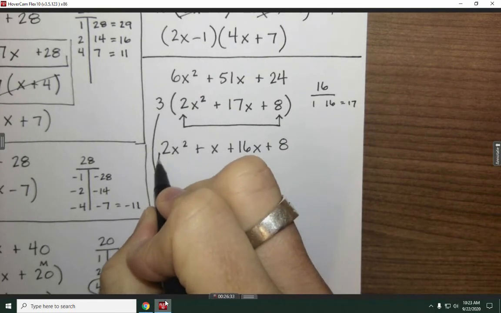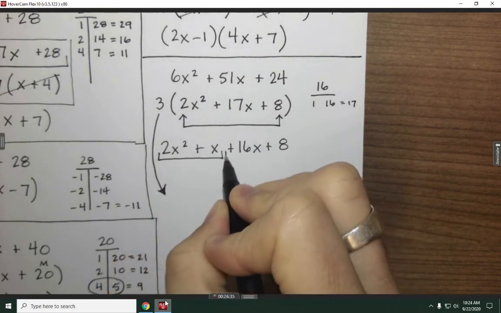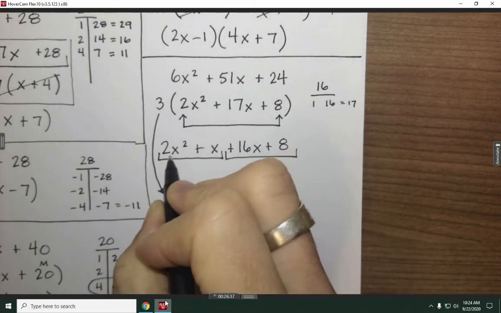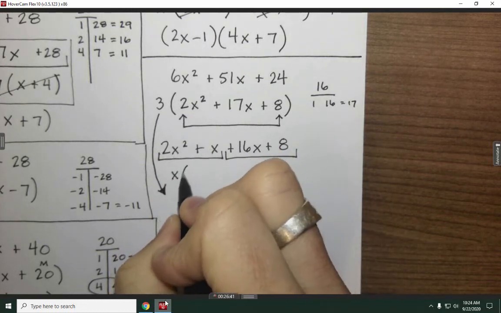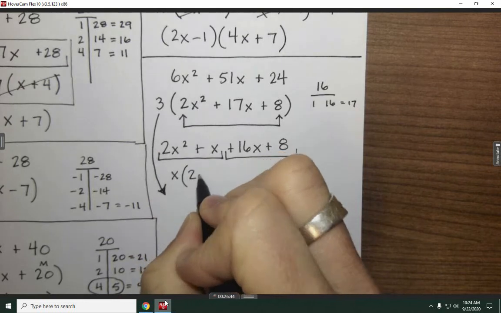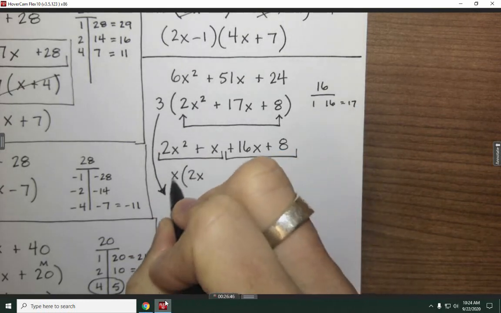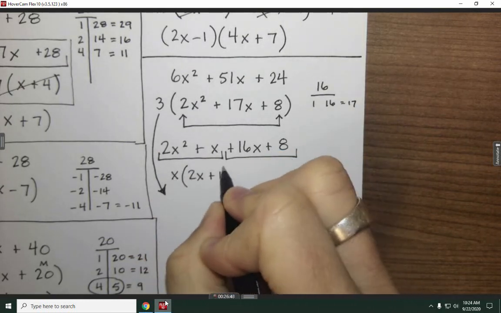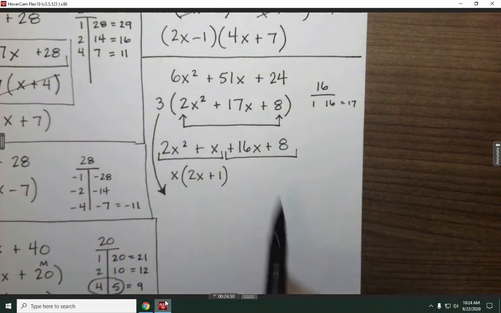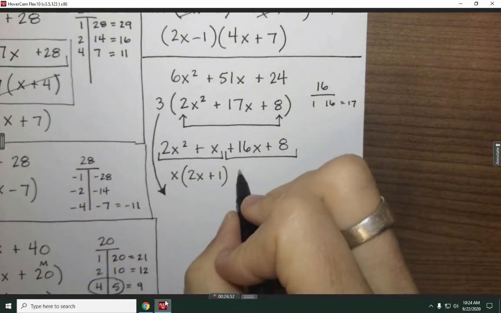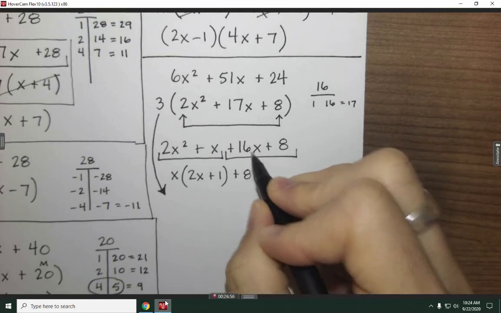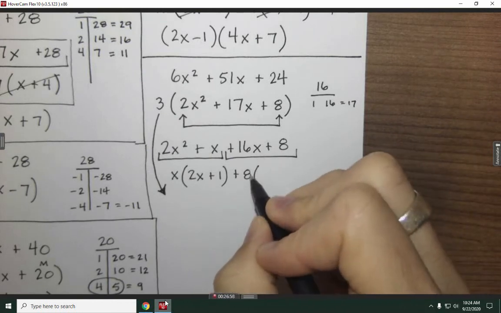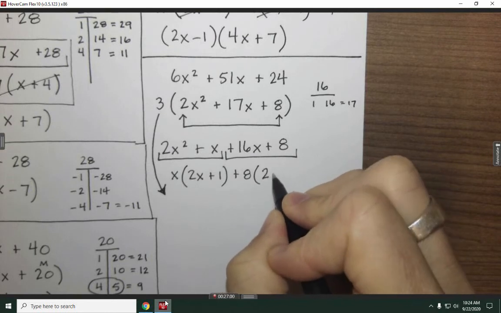Alright, so factor by grouping. The thing that we have in common here is an x. And all that's left behind is 2x. Then x divided by x is 1. We can divide both these by 8. So 16x divided by 8 is 2x.